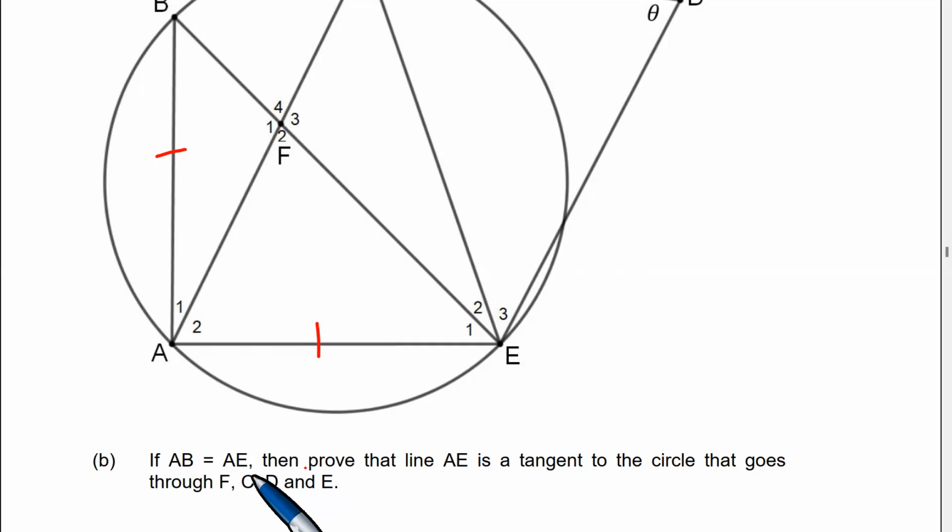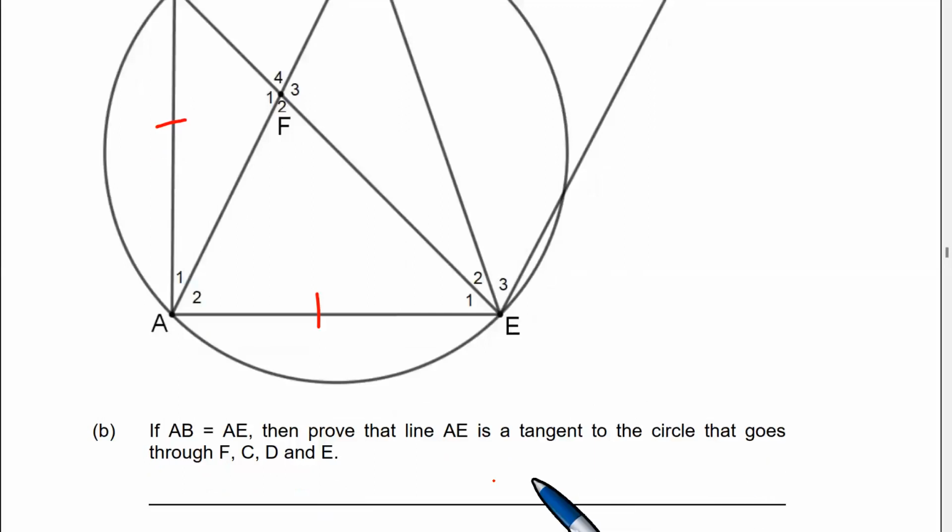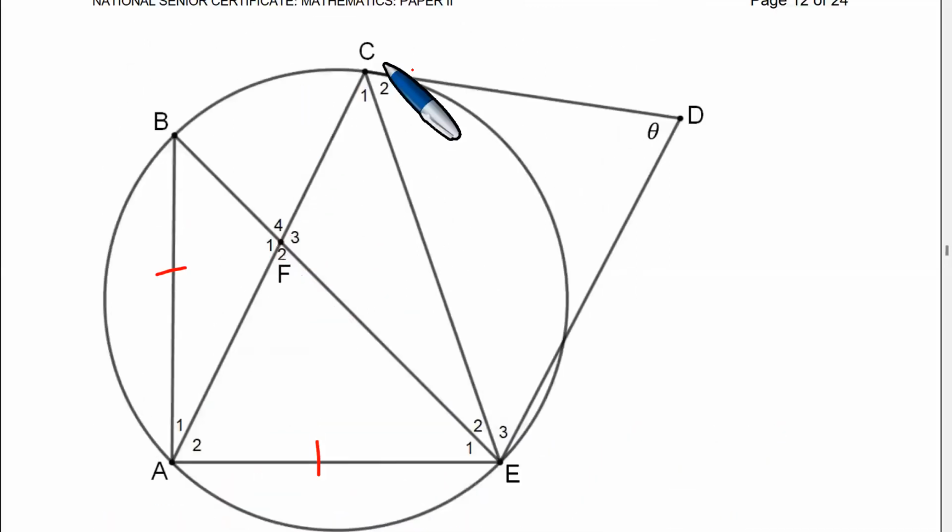Right, so we need to prove that AE is a tangent to the circle that goes through FCDE. We've already proven that FCDE is a cyclic quad.